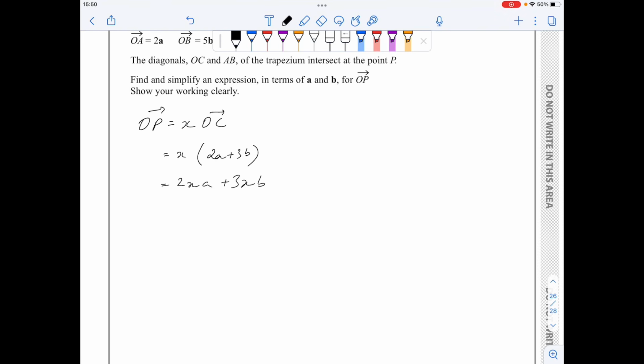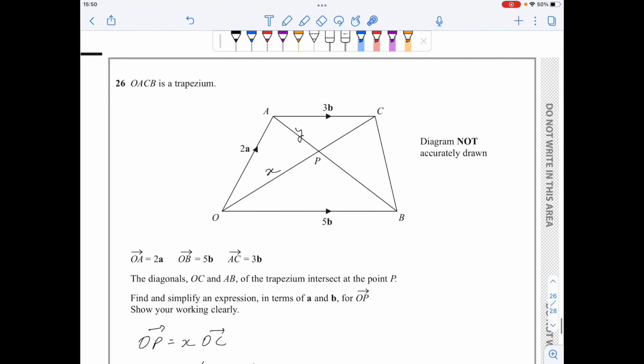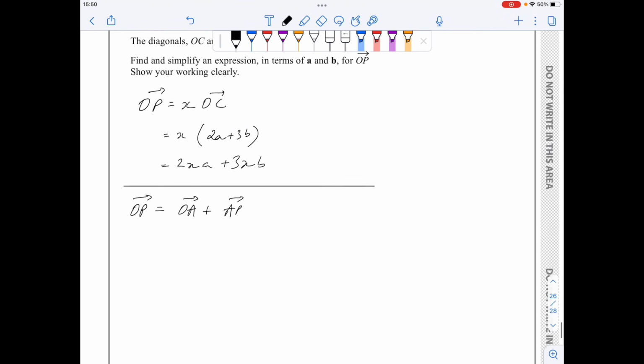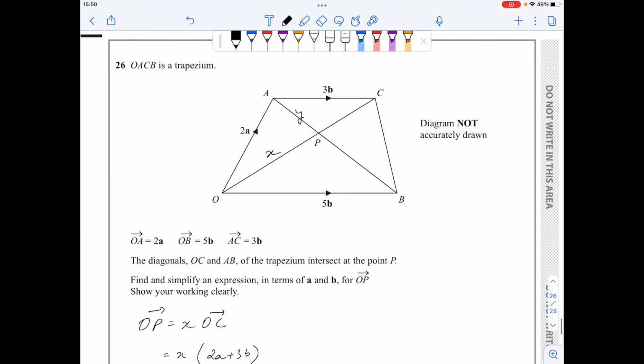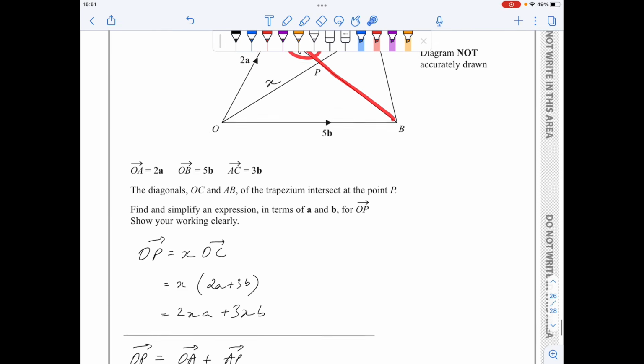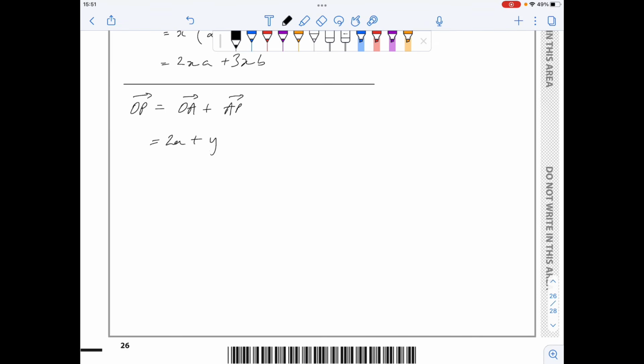Now let's do the alternative route. So OP is equal to OA plus AP. OA, we know this, this is 2a, plus AP. Now note that AP is a fraction of AB and the fraction is y. So this is equal to y times AB. That's 2a plus y times AB.